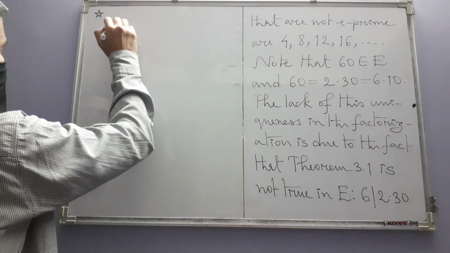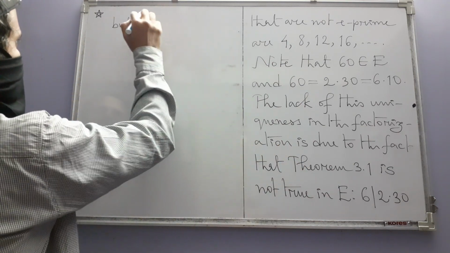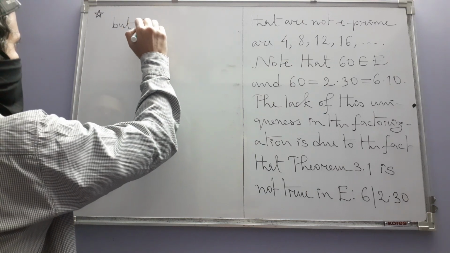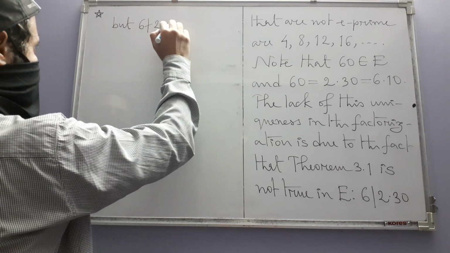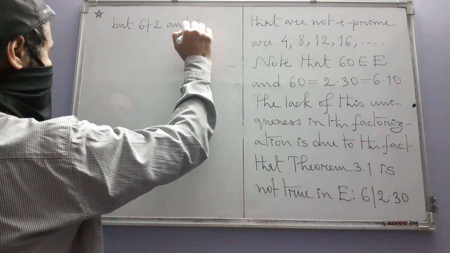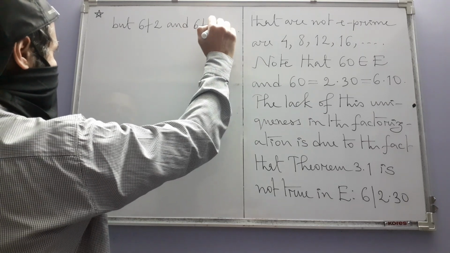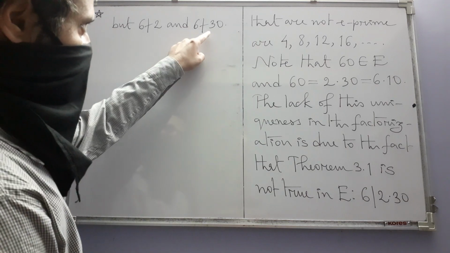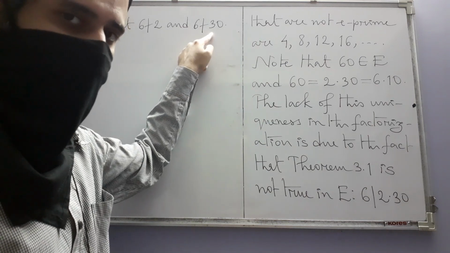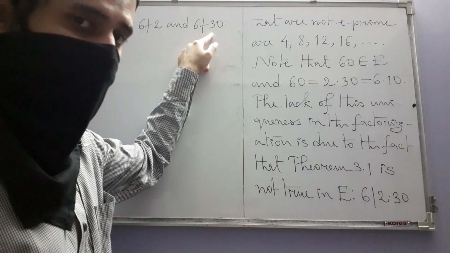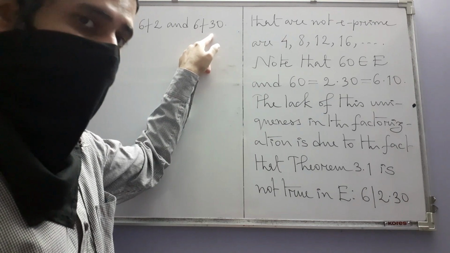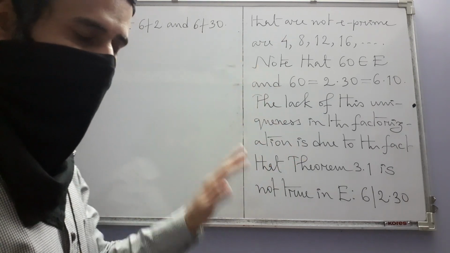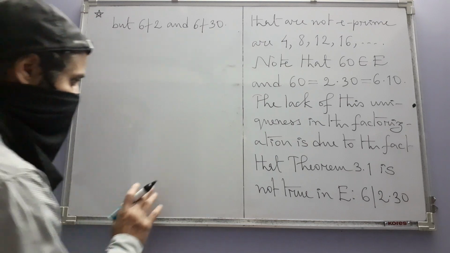But 6 does not divide 2 and 6 does not divide 30. I am almost sure that you would immediately object to this. You would say no, 6 divides 30. But there is something that should be considered carefully.